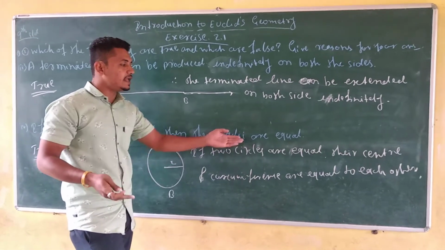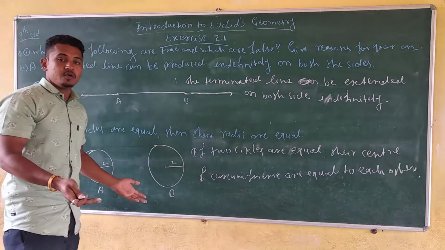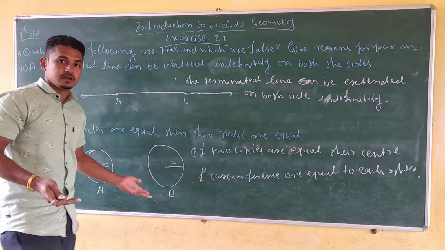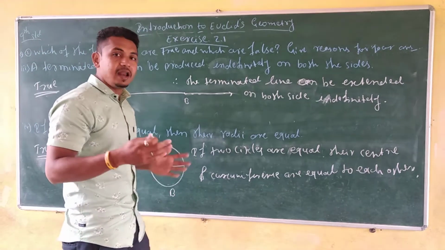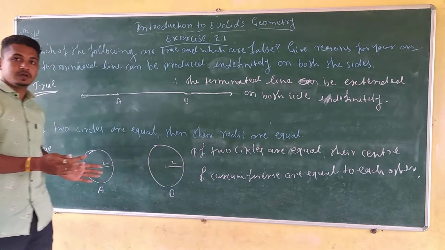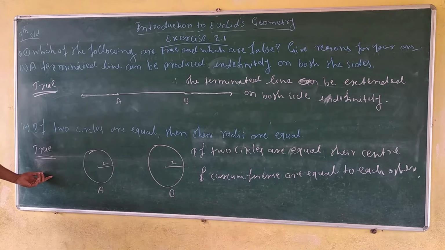Obviously, their radii will be equal. Is it right? So their radii will obviously be equal to each other. That's why if two circles are equal, then their radii are equal to each other. We conclude that this statement is true. Now let us move towards the next statement.